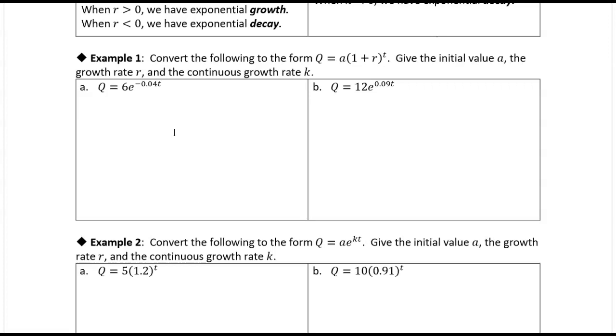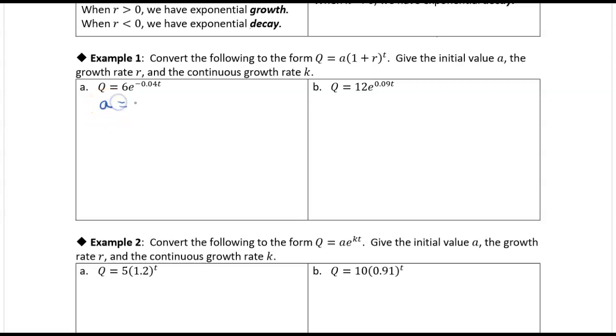Okay, but anyway, here we're not worried too much about this because we're given an exponential model, and we can just read the continuous growth rate right off of there, right? The continuous growth rate is negative 0.04. So we actually have decay in this case. Why don't I just write down what we know so far.